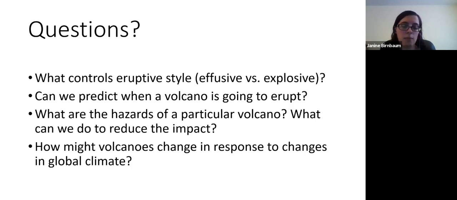Sometimes when we have eruptions near the coast, the ash or the lava landing in the water actually provides more nutrients like phosphorus and nitrogen to the algae that live there. So sometimes we see an increase in the amount of algae right after an eruption as they feed on all of those nutrients.